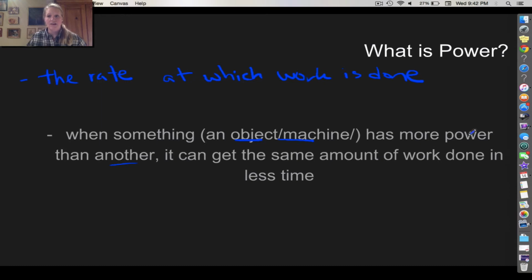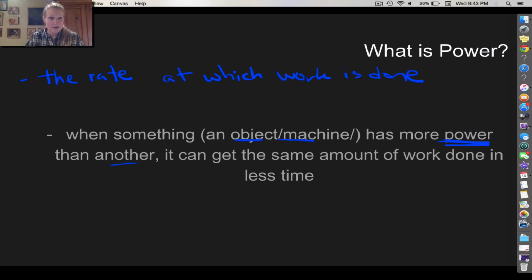If you're comparing a machine lifting something versus you lifting something, the machine has way more power if it's a strong machine, so it will get that same lifting process done in less time.